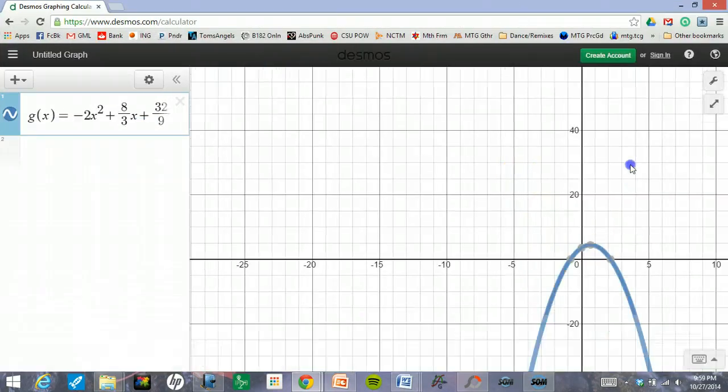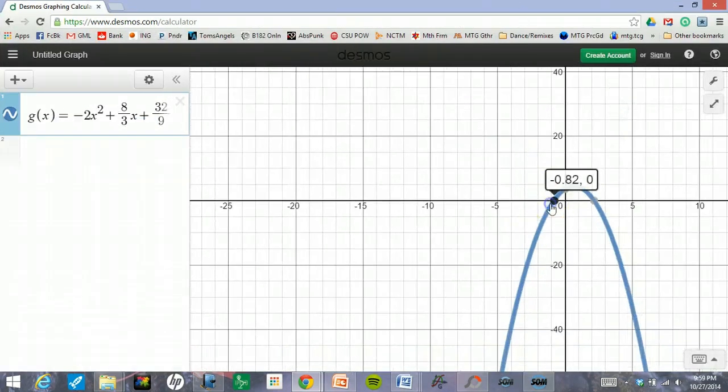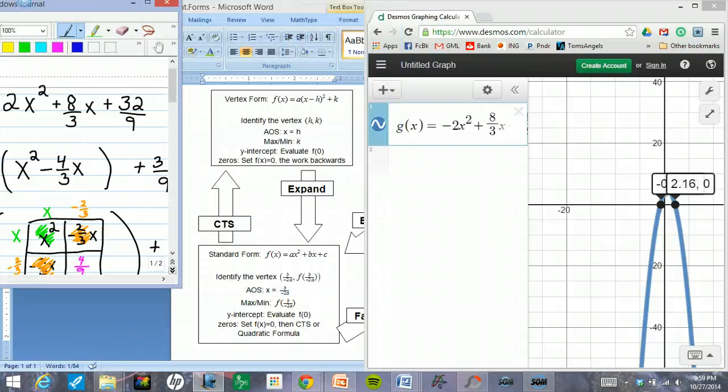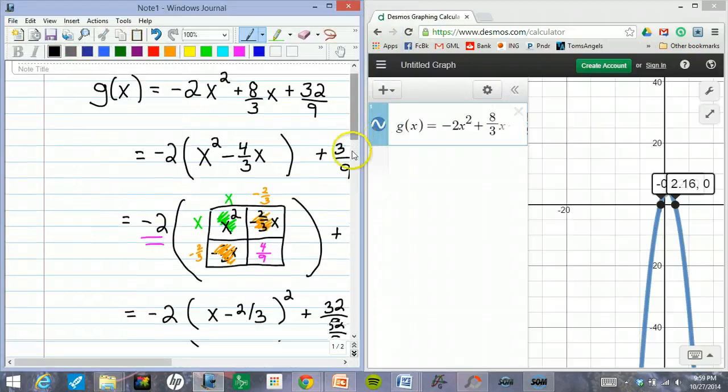And if we look at the x-intercepts, they are approximations. Negative 0.82 or 82 hundredths and 2 and 16 hundredths. Where are those coming from? Well, let's go back to our answers.